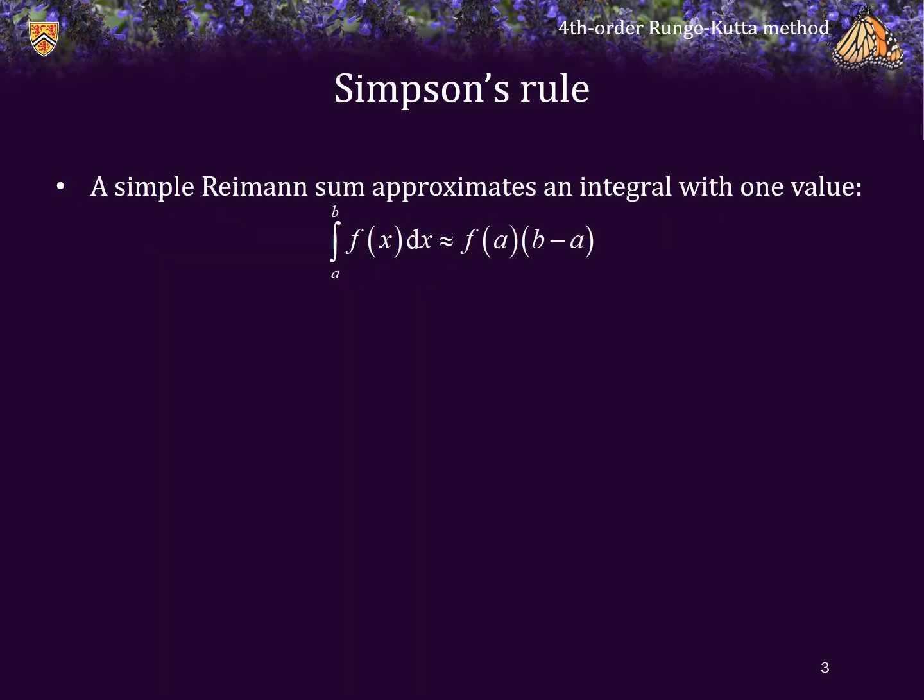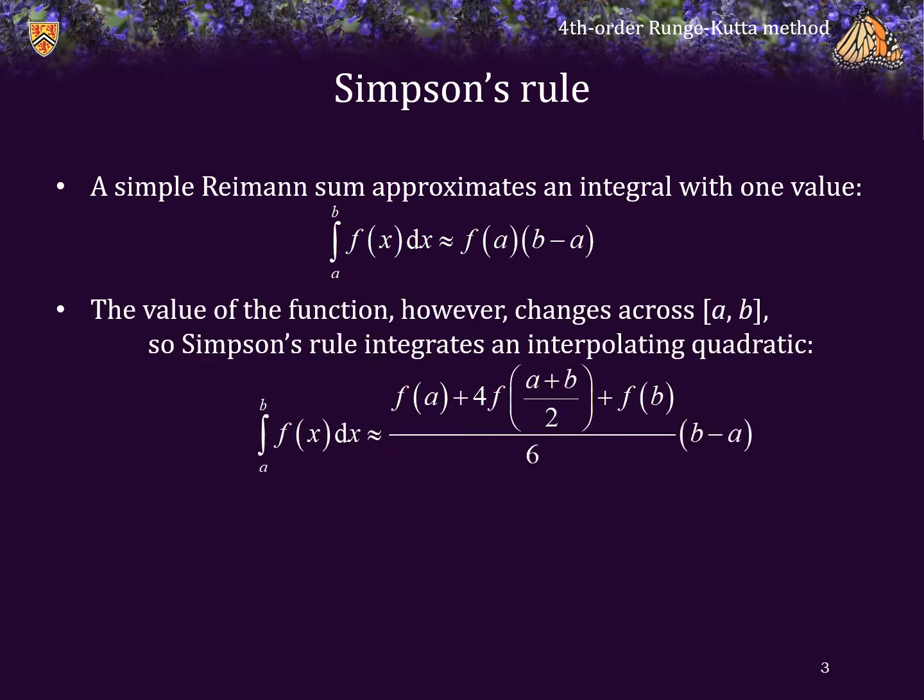Let's recall again that simple Riemann sums approximate an integral with a single function evaluation. The value of the function changes across a to b, and locally a function will probably be behaving as if it was quadratic.